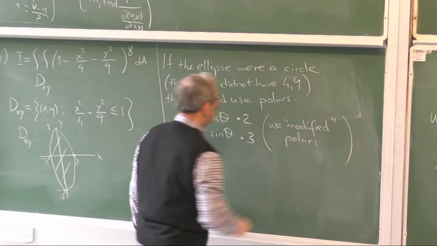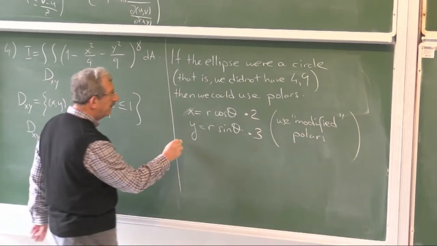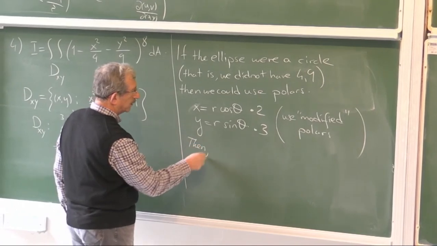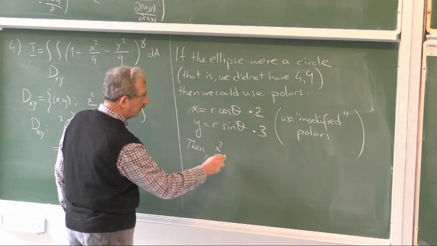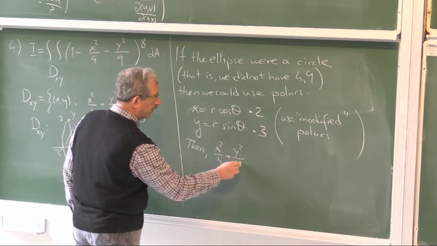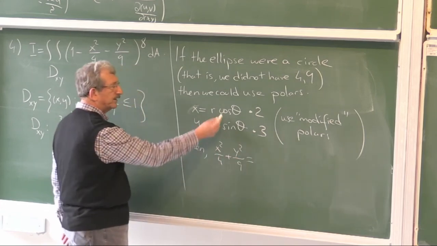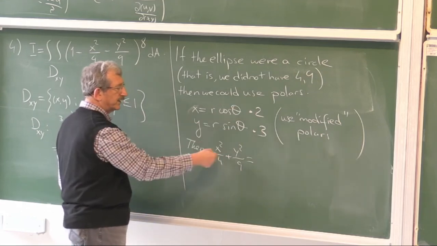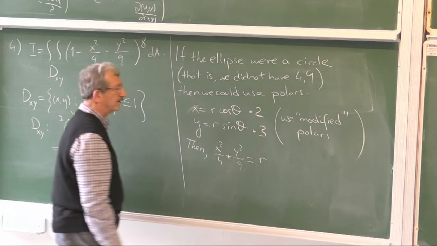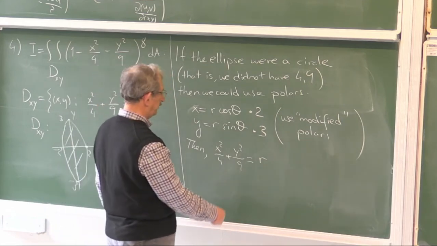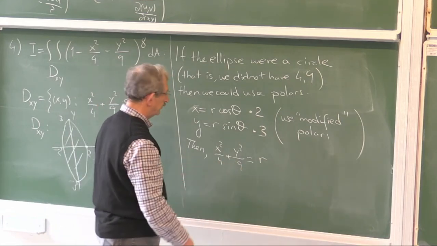Now what again is the advantage? Clearly x squared over 4 plus y squared over 9 becomes, take the squares, the 2's and 3's cancel with 4 and 9, you get r directly. Actually, yes, this is what you get.